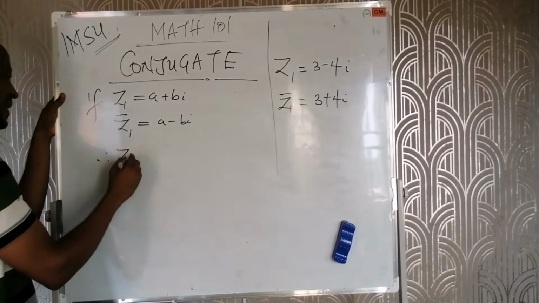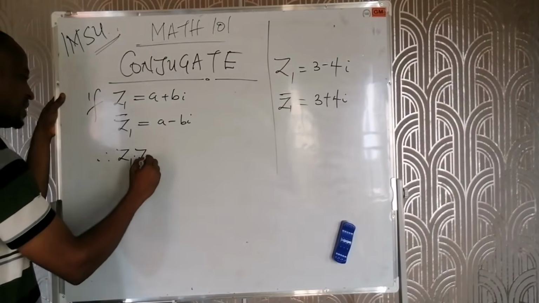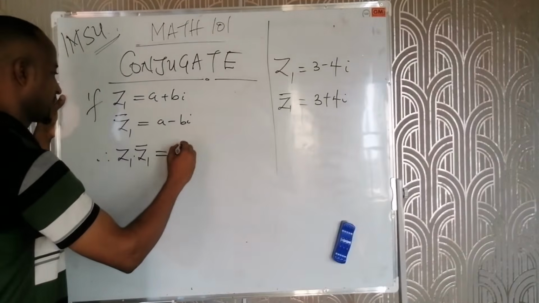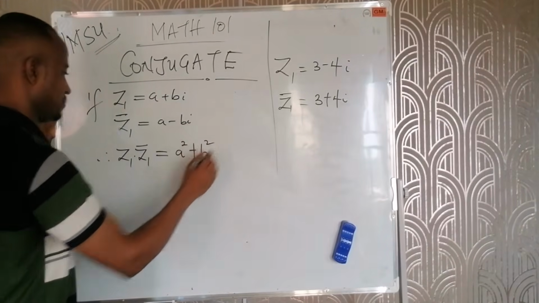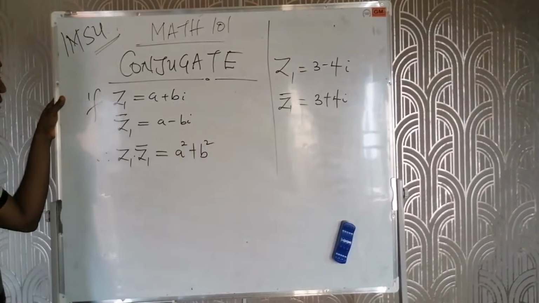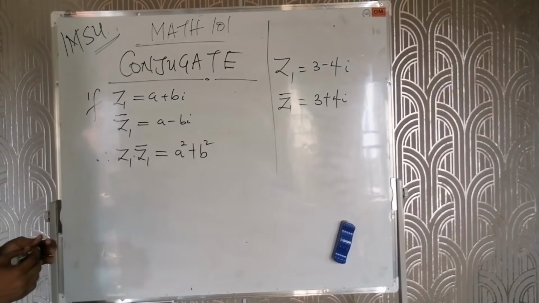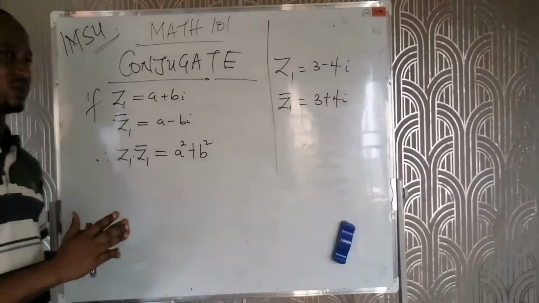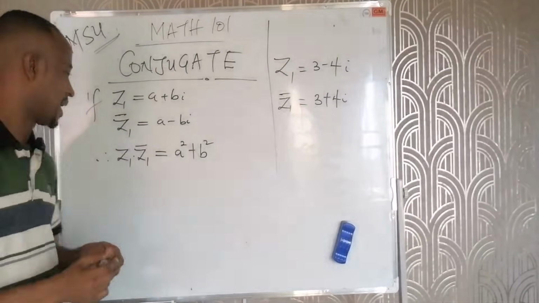Therefore, z1 times its conjugate will be a squared plus b squared. This is one of the properties of conjugates: when you multiply two conjugates together, their result will always give you a real number.